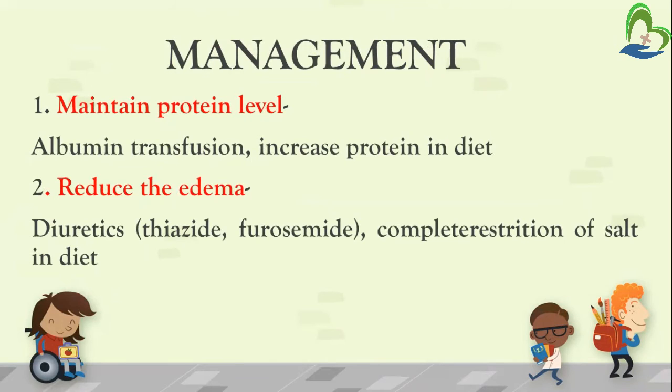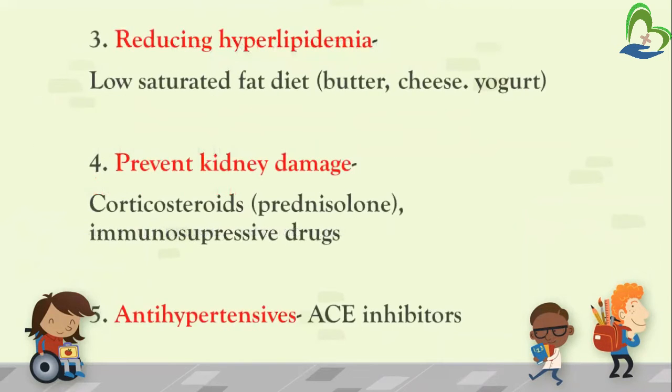Then reduce the edema; for that, we can give diuretics. Then reduce the hyperlipidemia with a low saturated fat diet, avoiding butter, cheese, and yogurt. Then prevent kidney damage: corticosteroids can be used, and also antihypertensive ACE inhibitors.